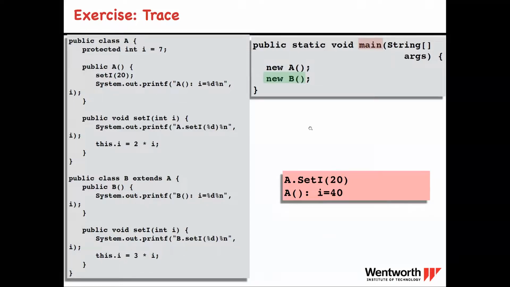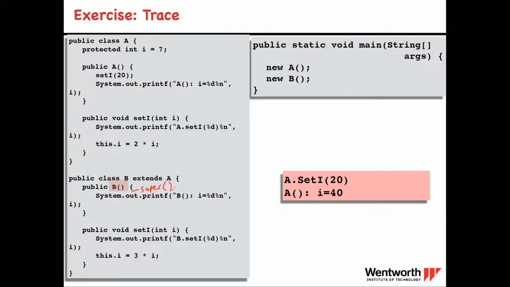Now we're creating a second object. We're creating a B. So here is a call to B. Now remember what happens here. The first line in any constructor is either a call to another constructor in the same class or super. So this is calling super.